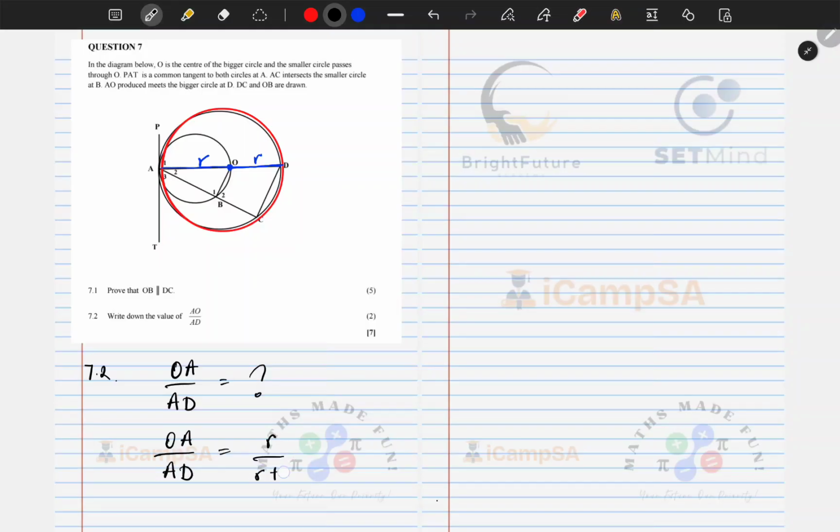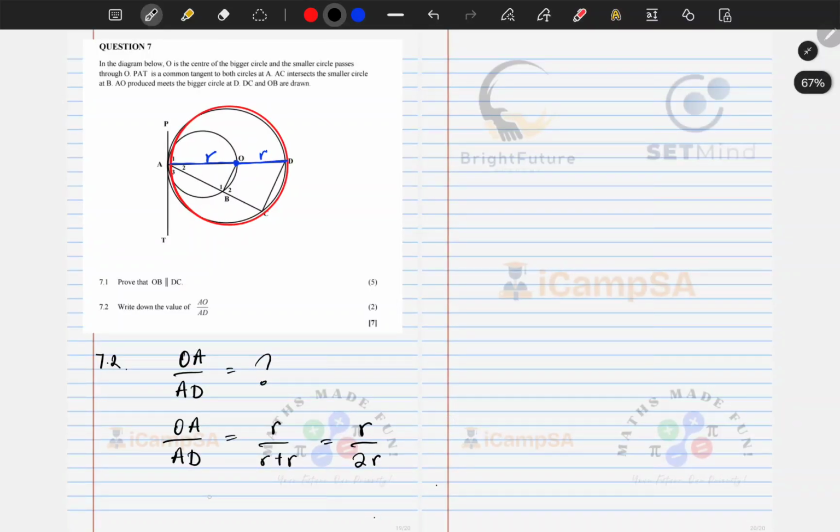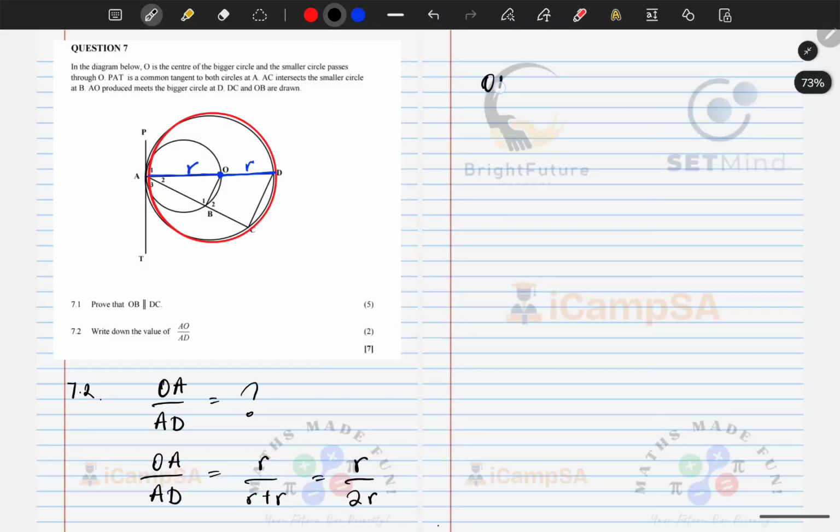It's going to be R plus R, so R over 2R. So your OA over AD is going to be 1 over 2, which is the same as 0.5.